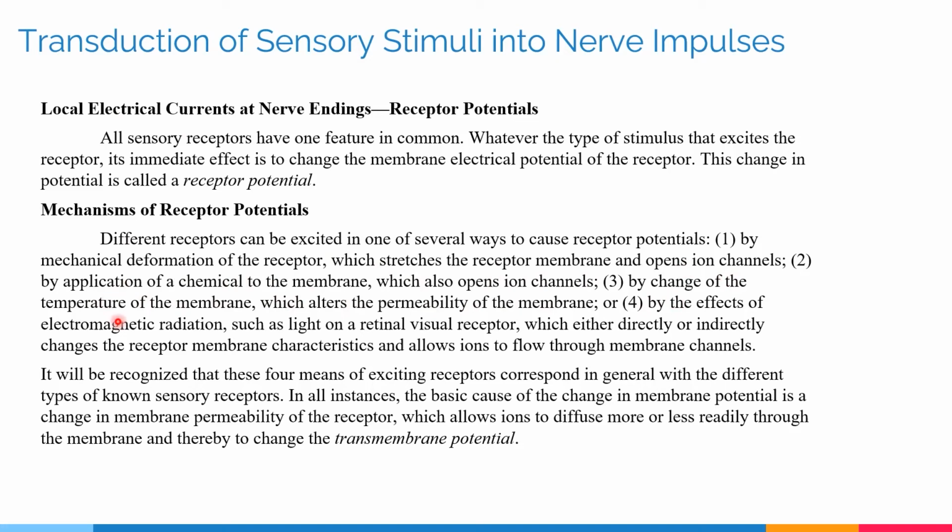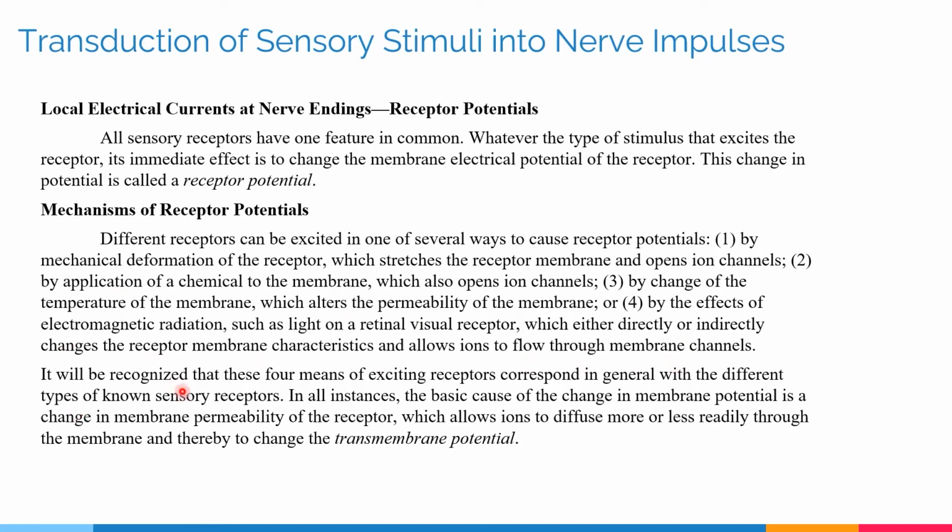By change of temperature of the membrane, which alters the permeability of the membrane. Or by effects of electromagnetic radiation, such as light on the retinal visual receptors, which either directly or indirectly changes the receptor membrane characteristics and allows ions to flow through the membrane channels.